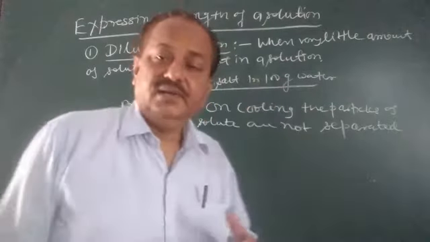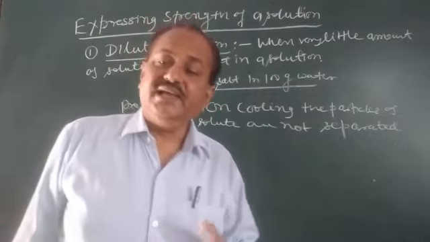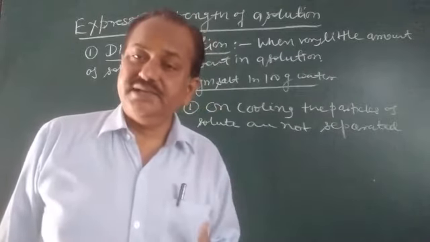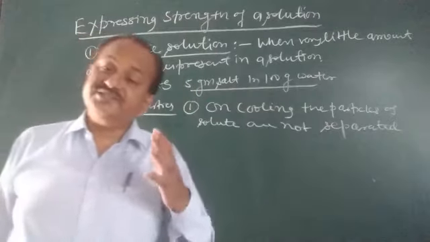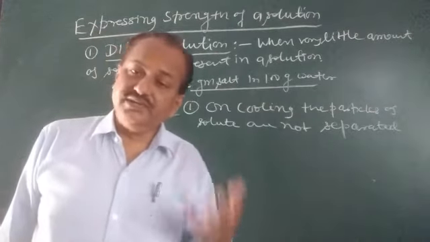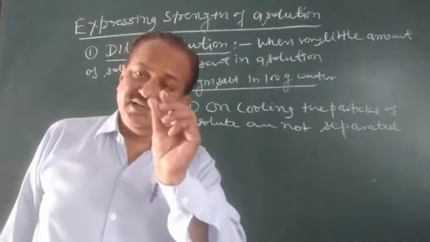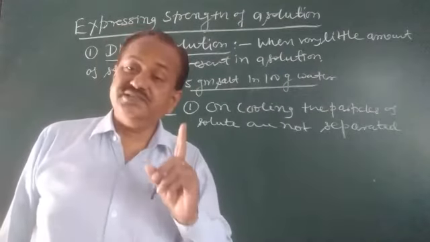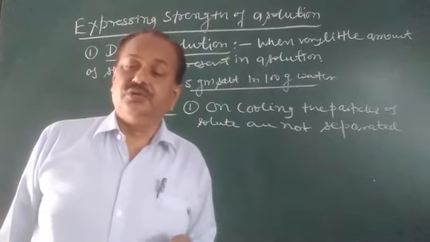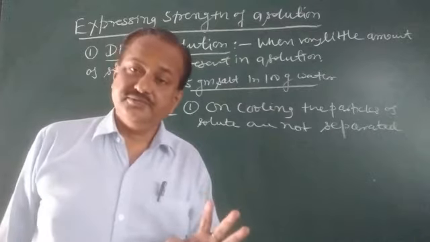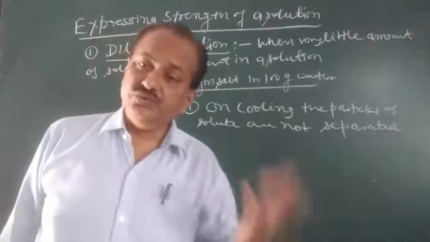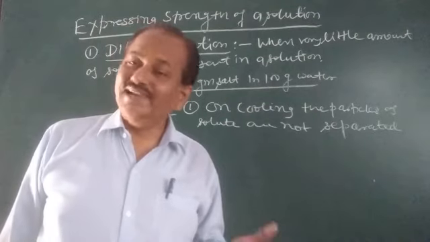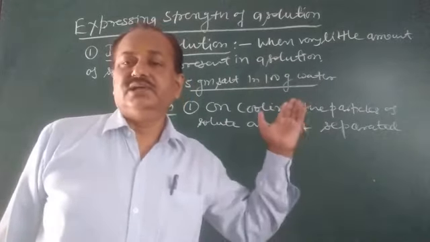For example, we purchase sweets like gulab jamun or rasgulla from the market, or we prepare them at home. After some time, when the water is lost, we have crystals of sugar. So this is a strong or saturated solution. But when we take the dilute solution and allow it to cool or stand as it is, we cannot have particles of sugar.